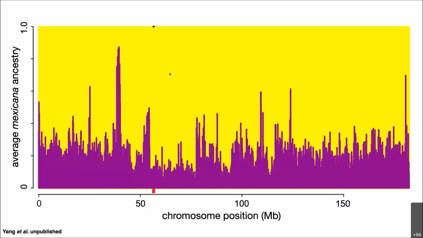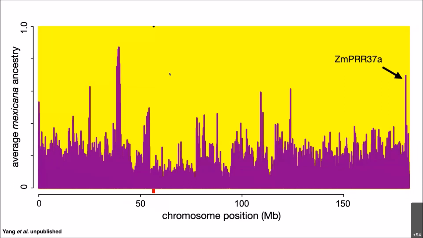The first is just looking across the chromosome like this from our ancestry HMM. We can identify regions like this at the tip of chromosome 7, where across 800 or 900 maize genomes, we see that 70% of maize has a Mexicana allele at this particular region in the genome. So we can identify regions that show very high amounts of Mexicana ancestry across all maize samples and ask, what are those loci and what are they doing?